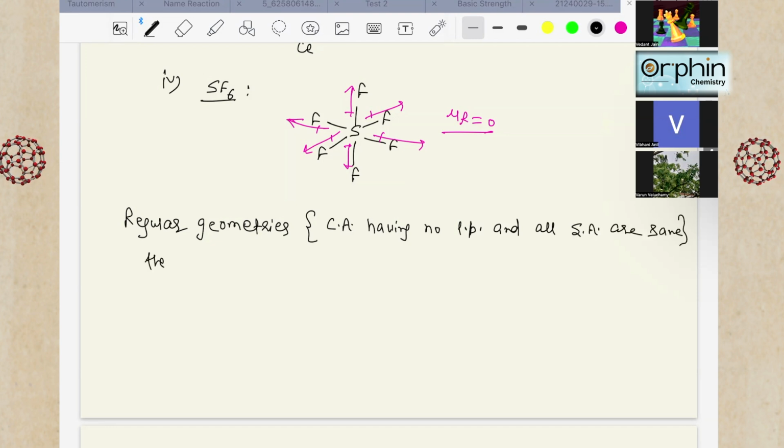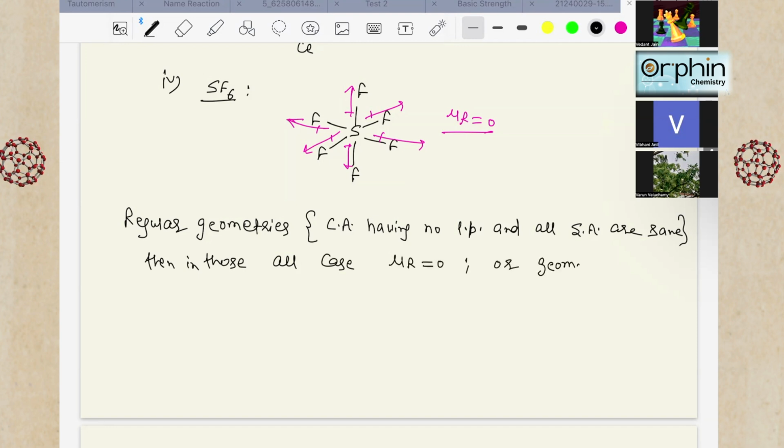Then in all those cases, the net dipole moment is zero, or the geometries are non-polar.